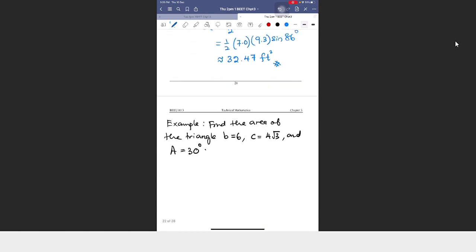Again, if you look at the question, you're given B, C, and angle A. You can remember this formula by heart, depending on the given information. Based on it, straight away it will be half times B times C times sine A.